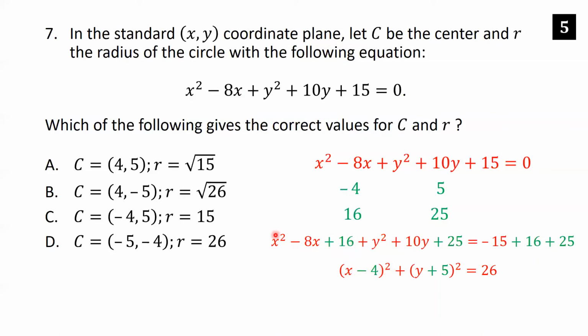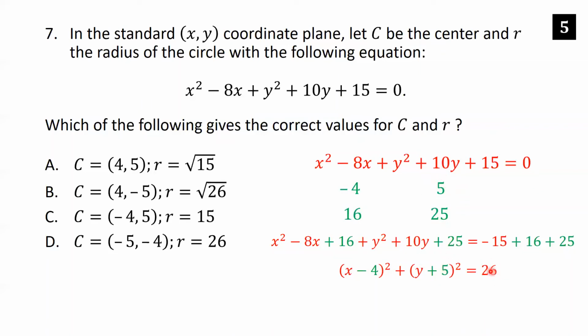You could do that factoring by hand, but this number is always equal to that first number we got when we took half of the coefficient, so you could just pop that in there. Similarly here, we always get the 5. Again, you could factor this by hand, and you'll see that it's y plus 5 times y plus 5, which is y plus 5 squared. But if you do enough of these, you start to realize it's just this number that goes in there.